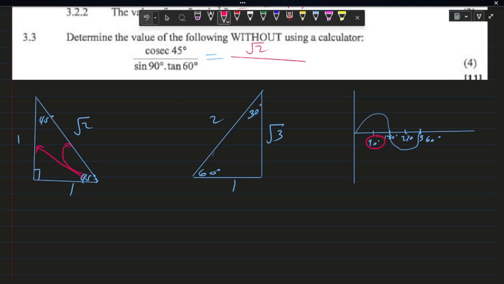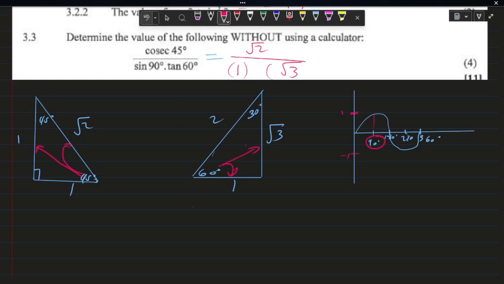And then sine of 90 degrees. So this is 90 degrees, so we basically go upwards. We know that this is where sine has its maximum value, and that maximum value is equal to 1. Okay, and then tan of 60 degrees, we go to this triangle, and we say opposite over adjacent.